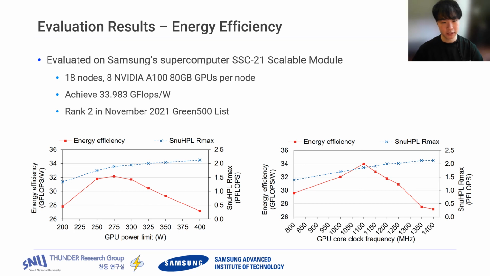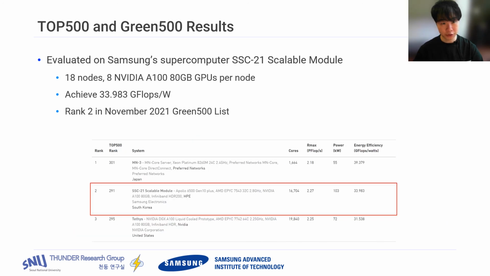We achieved the maximum energy efficiency of 33.98 gigaflops per watt at a GPU clock frequency limit of 1100 MHz. With this result, the energy efficiency of SnuHPL on the SSC21 scalable module is ranked second in the November 2021 Green500 list. It is the most energy efficient supercomputer in 2021 with general purpose GPU.